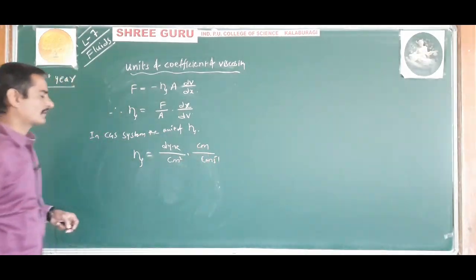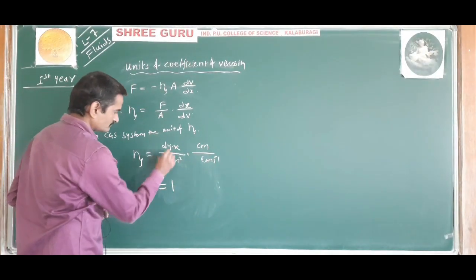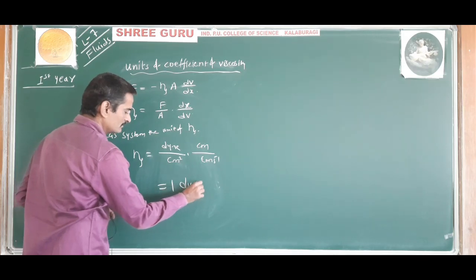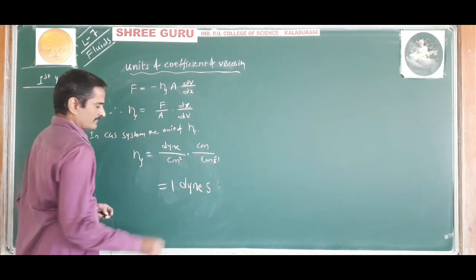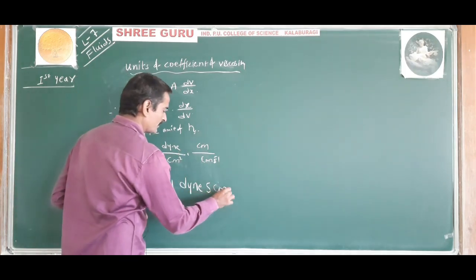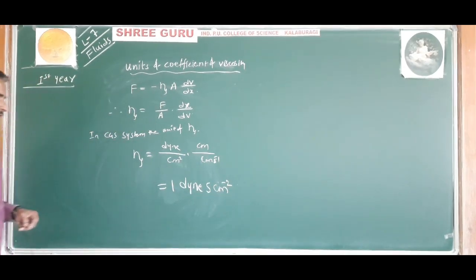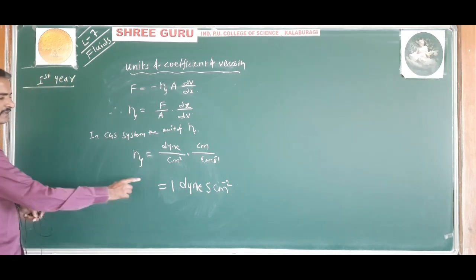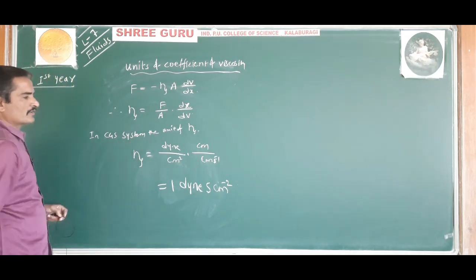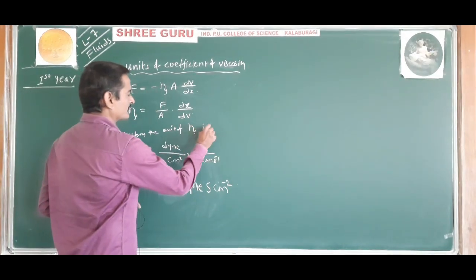Now centimeter cancels, dyne remains, per second goes to the numerator and becomes second, and centimeter square goes to the denominator. So dyne second per centimeter square.